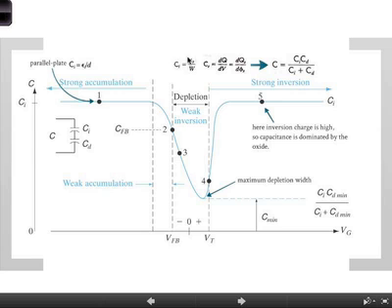So the equations are here. CI is epsilon over W. W in this particular case is the width of the oxide layer, and this is the CS. Like I said, it's just the instantaneous change of charge versus voltage. The minimum value is important because that occurs when the maximum depletion width happens.